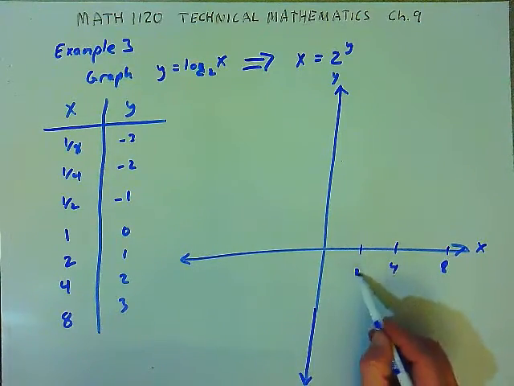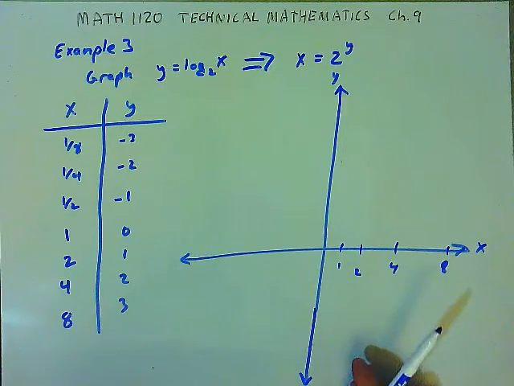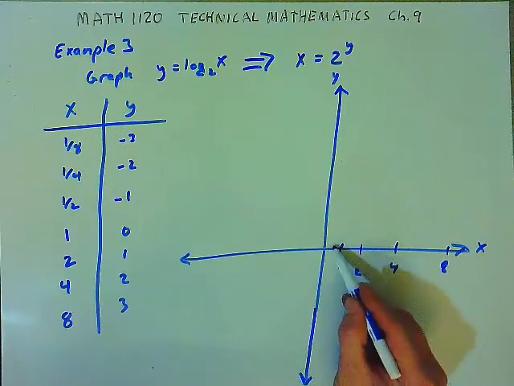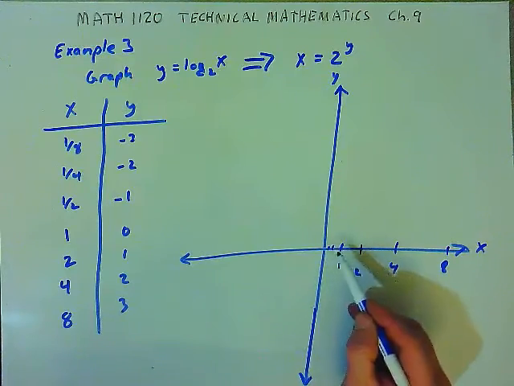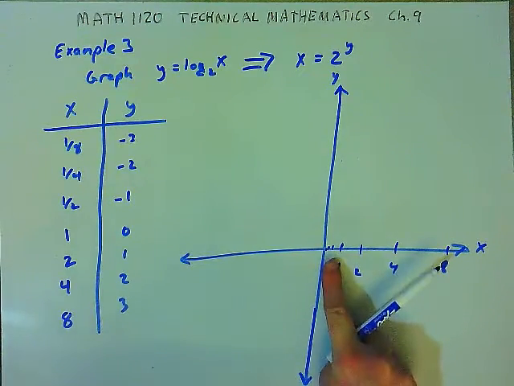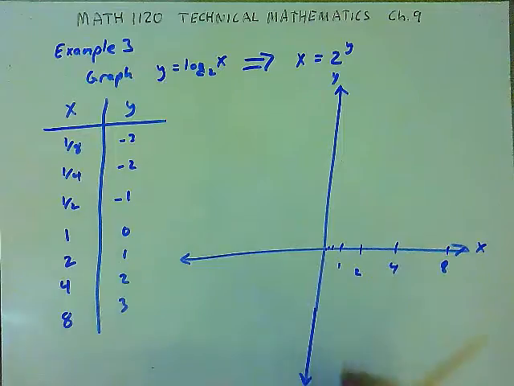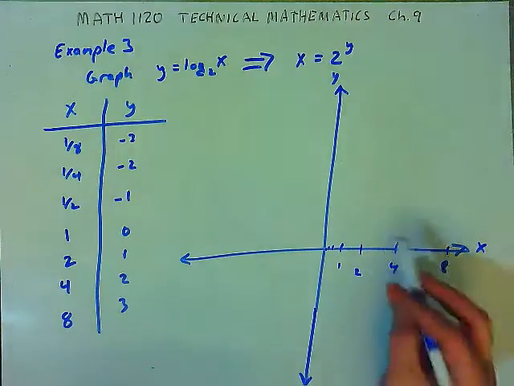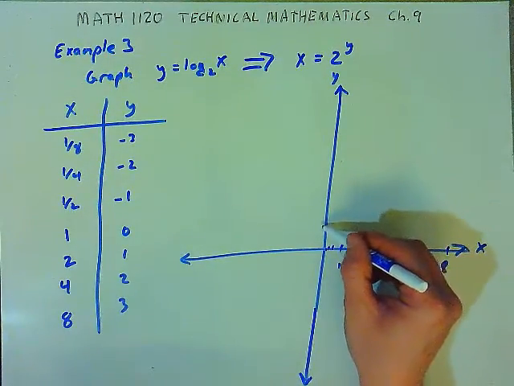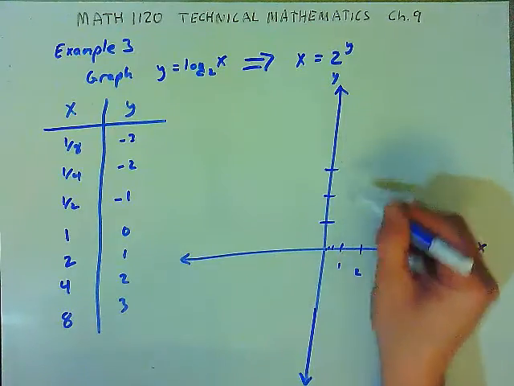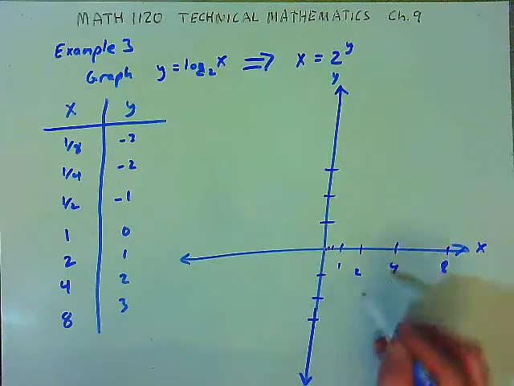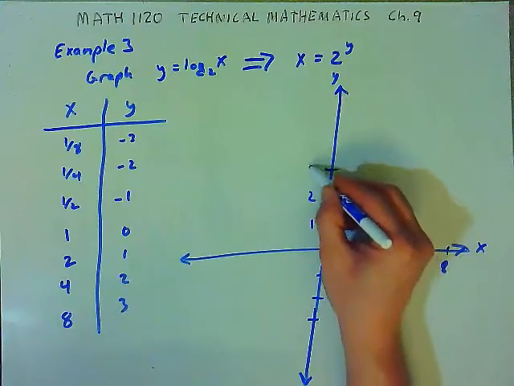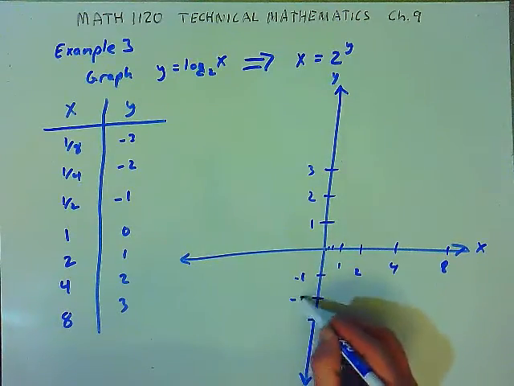And we have 1, which is in the middle of that. We also have 1/2, 1/4, and 1/8, which are very small numbers, right? I can hardly see those in there. And our y values range from positive 3 to negative 3, so 1, 2, 3, and negative 1, negative 2, and negative 3.